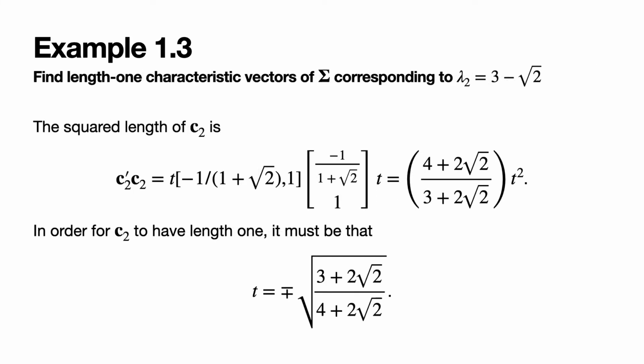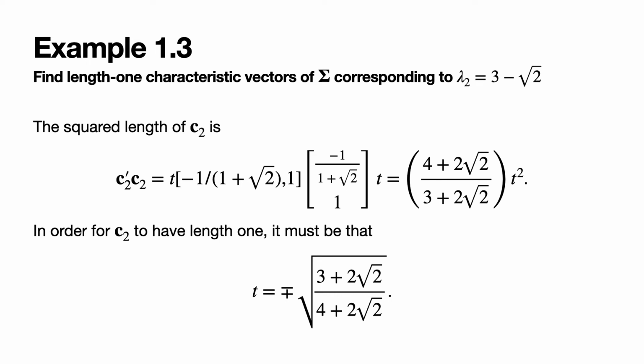All right, now let's find length 1 characteristic vectors of cap sigma corresponding to this second characteristic root. To do that, we first note that the squared length of C2, which is equal to the inner product of C2 with itself, C2 prime times C2, is equal to the expression on the far right-hand side. So the ratio 4 plus 2 times the square root of 2 all over 3 plus 2 times the square root of 2, that ratio times t squared.